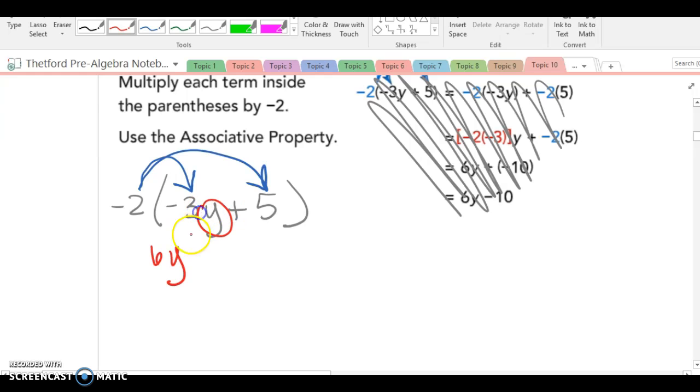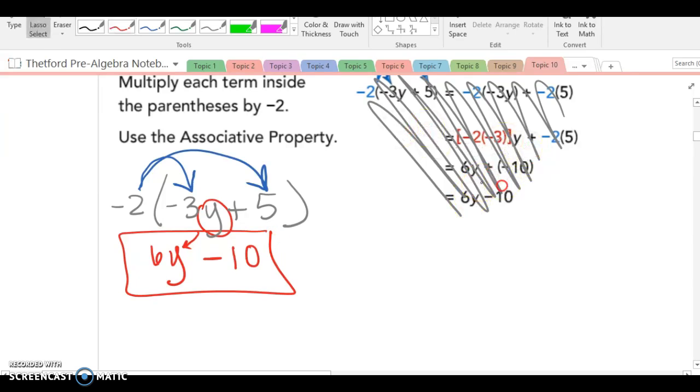Always keep your variable. And then negative 2 times positive 5 gives me negative 10. And so you'll see that by deciding that this is a negative, it actually decided what operation I was going to be doing. So this is 6y minus 10. And this is my answer.